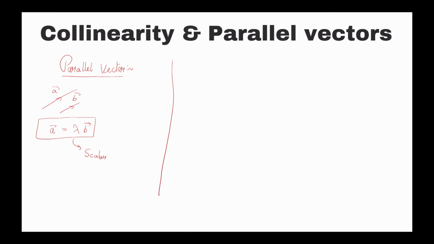And now when I talk about collinear vectors, let's say I have been given three vectors, A vector, B vector, and C vector, and they have been multiplied with some constants and it equates to zero. Then what are the conditions for which I can say that all these three vectors would be collinear?